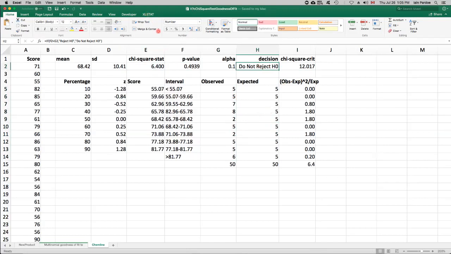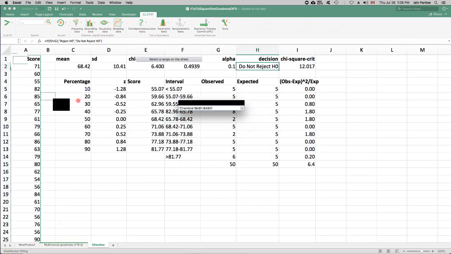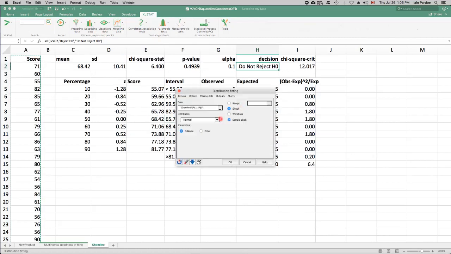Let's see if we can get Excel stat to do this. So this particular test is under, let's see, where is it? I think it's actually under modeling data and distribution fitting. If we select that, and then we select our data, we'll test against the normal distribution.